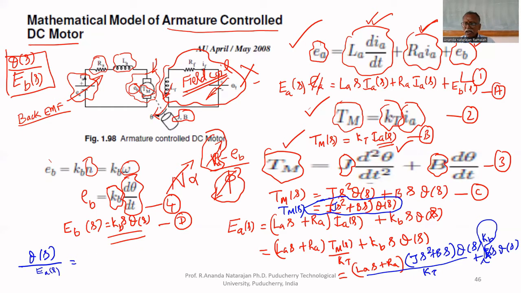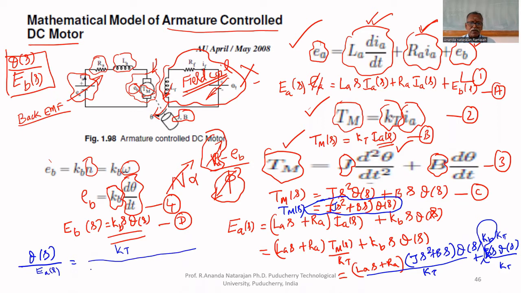If you take KT as LCM, you will get KB KT upon KT. Am I correct? I am taking LCM KT. Therefore, here you will get KT in the numerator.